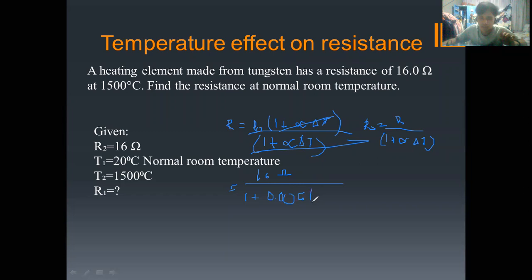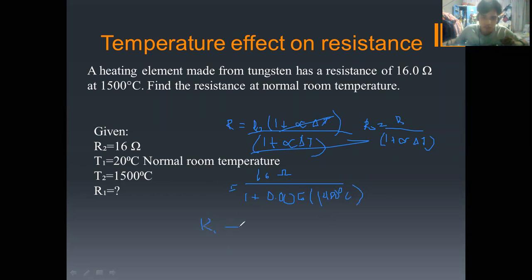Tapos, multiply yan sa delta T, which is T higher minus T lower. 1,500 minus 20 is 1,480 degrees centigrade.